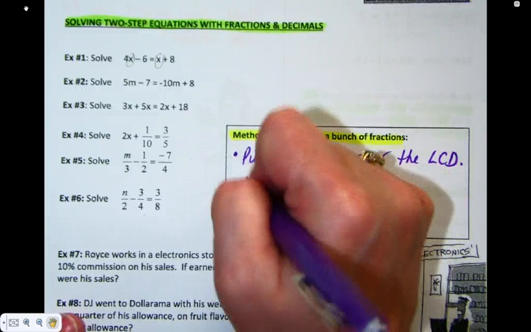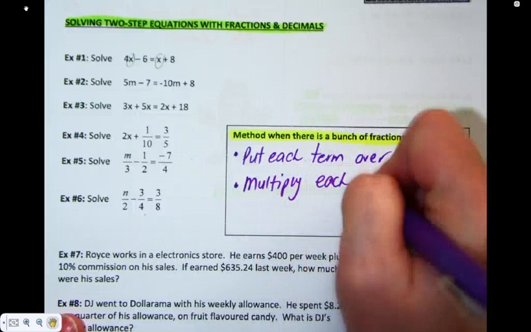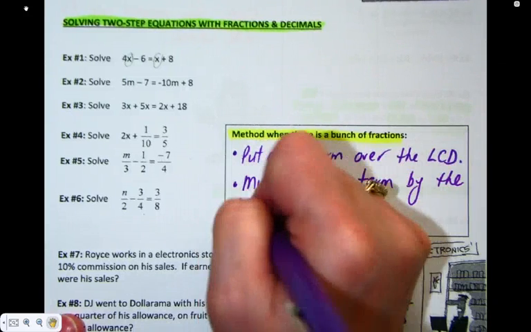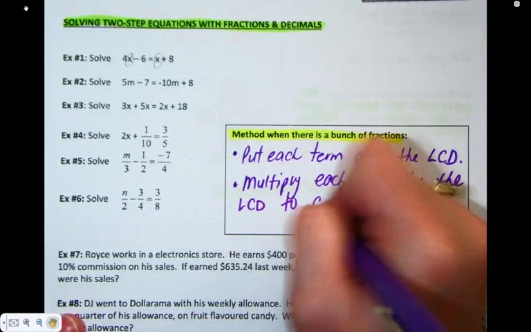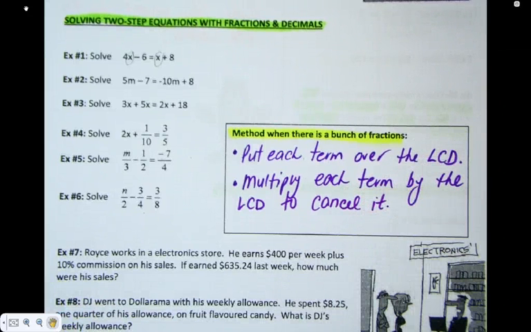Once we've done that, then we're going to multiply each term by the lowest common denominator to cancel it. After those two steps, it'll be a regular old equation like we're just used to solving.